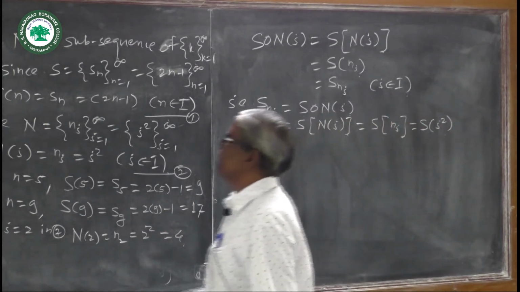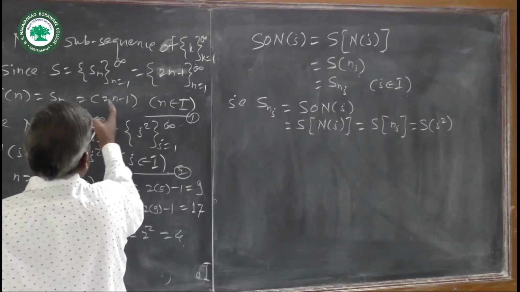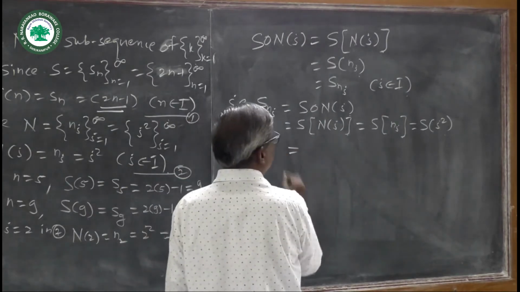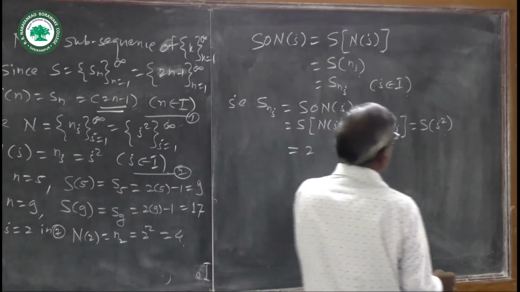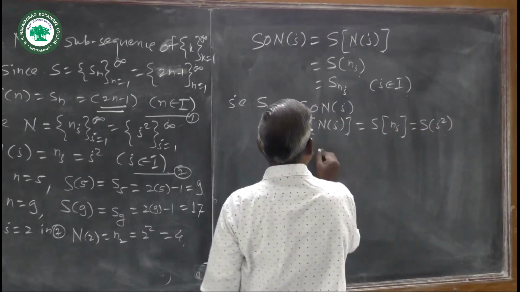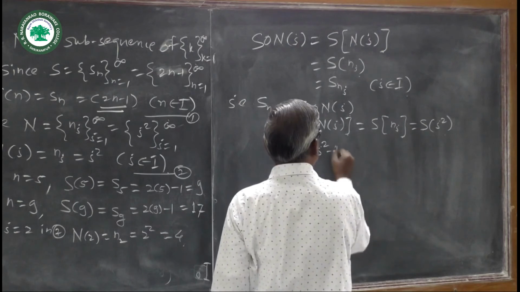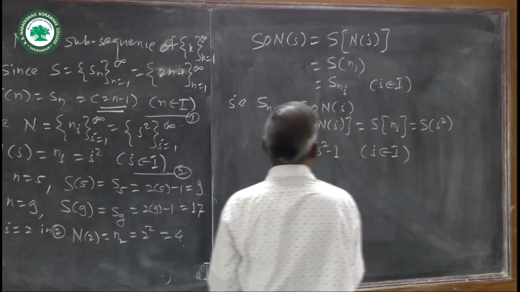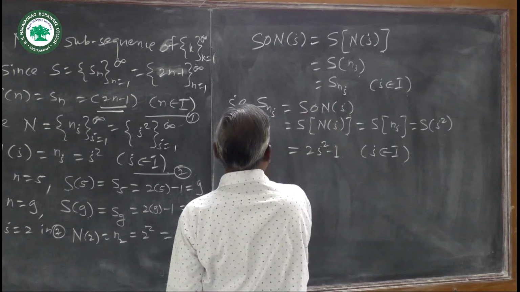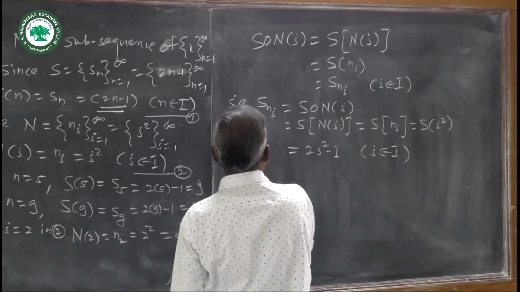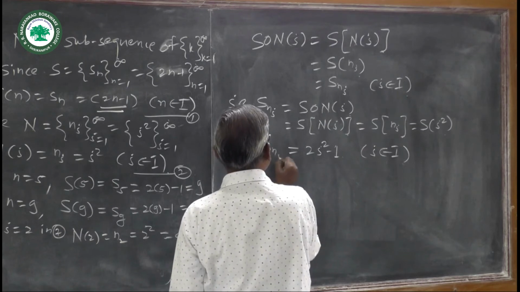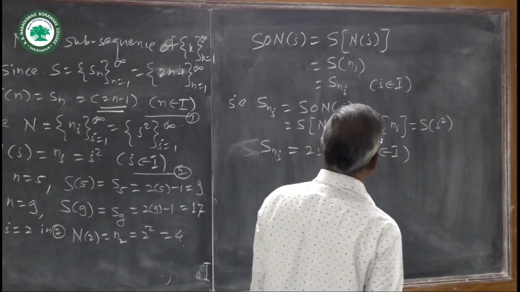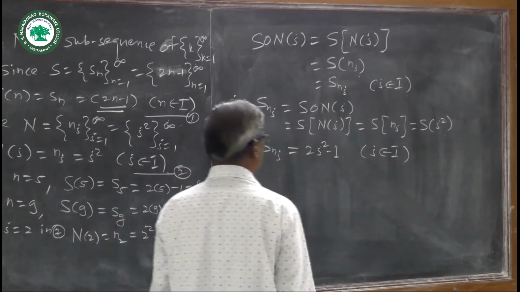S operates on n gives S_n, which is equal to 2n minus 1. Therefore, this is equal to 2 into i square minus 1 for all i belongs to capital I. Therefore, s_{n_i} is equal to 2i square minus 1 for all i belongs to I.